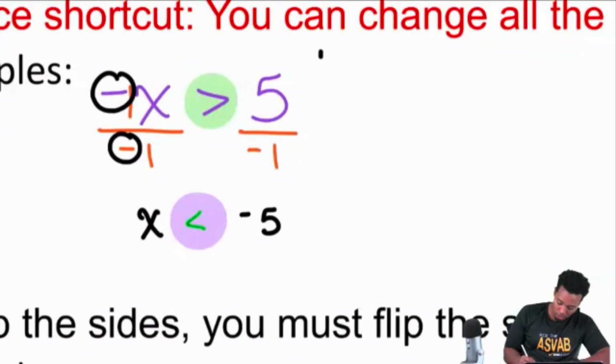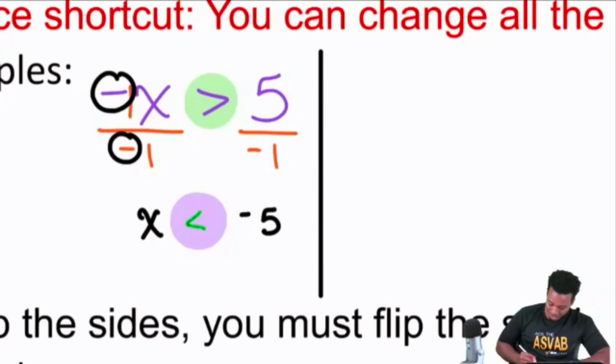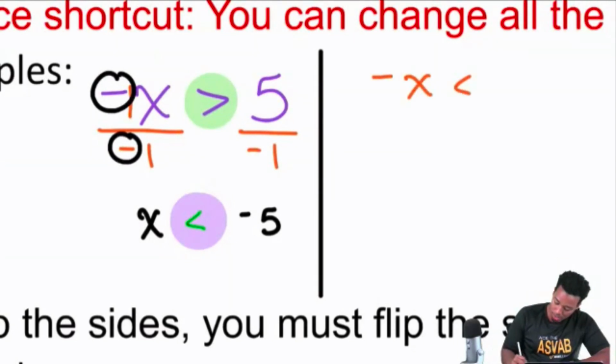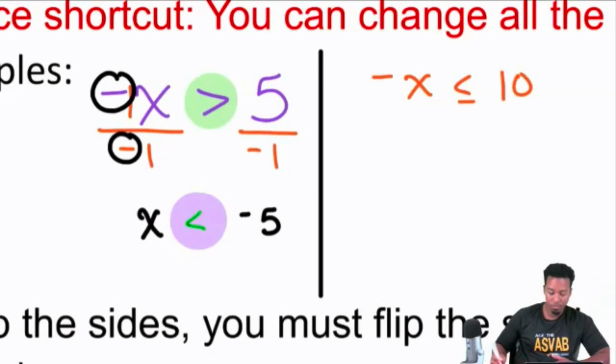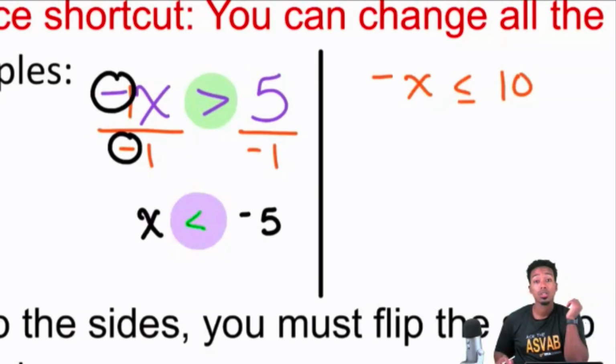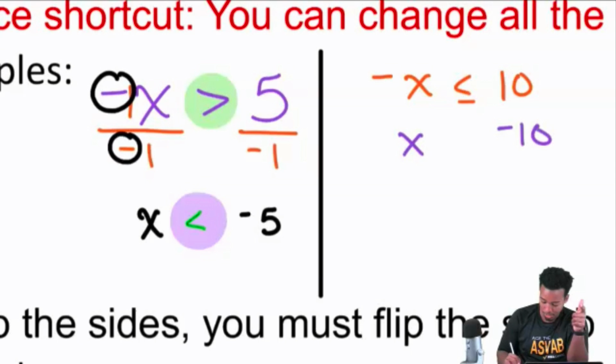If you wanted to keep the things nice and simple, I got you here. Let me just give you another example. If you want to keep things super easy for yourself, say you have -x less than or equal to 10, literally do this. Switch the signs, switch the inequalities. So I'm going to make this +x, -10. That's going to swap and you're done.